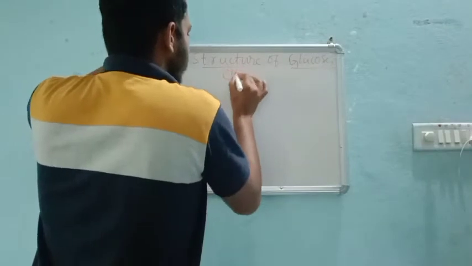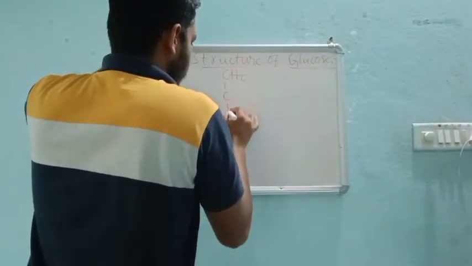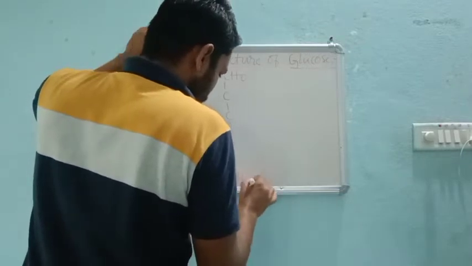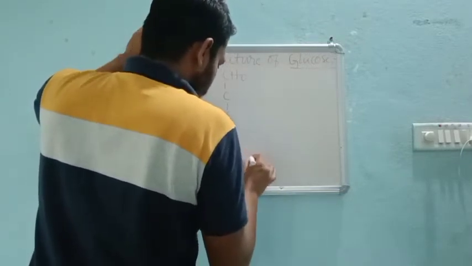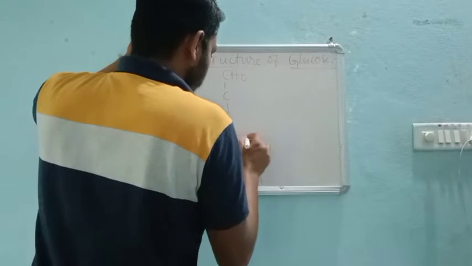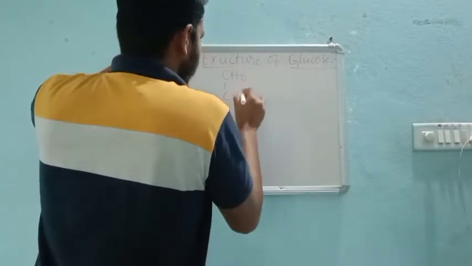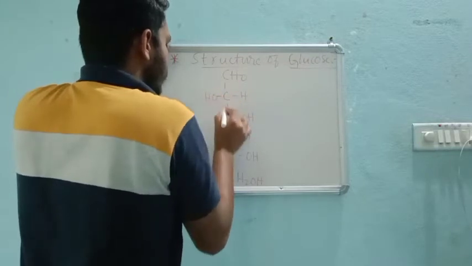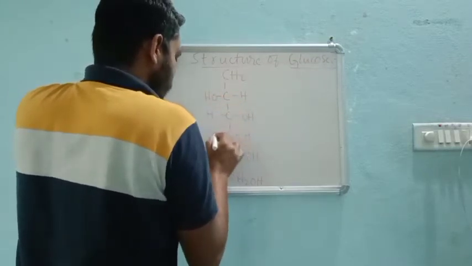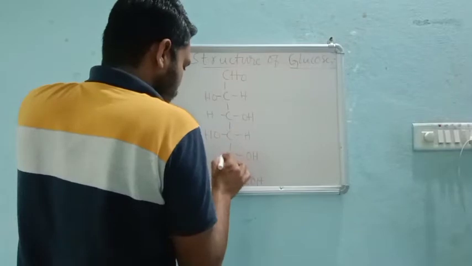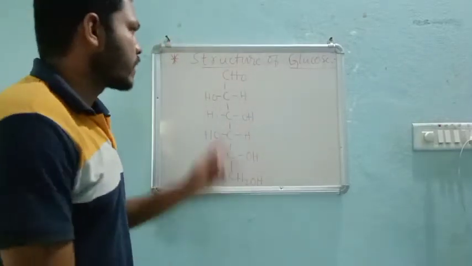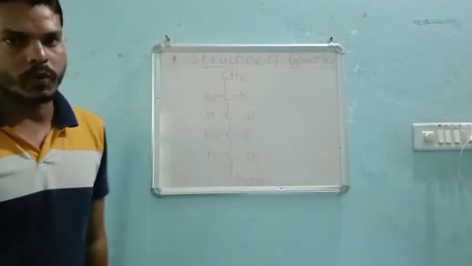See, CHO, CH2OH, OH, H, OH, H. So alternately, where there is an H, you put OH. So this is the trick. OH, H alternately. So this is nothing but a partial structure of glucose.